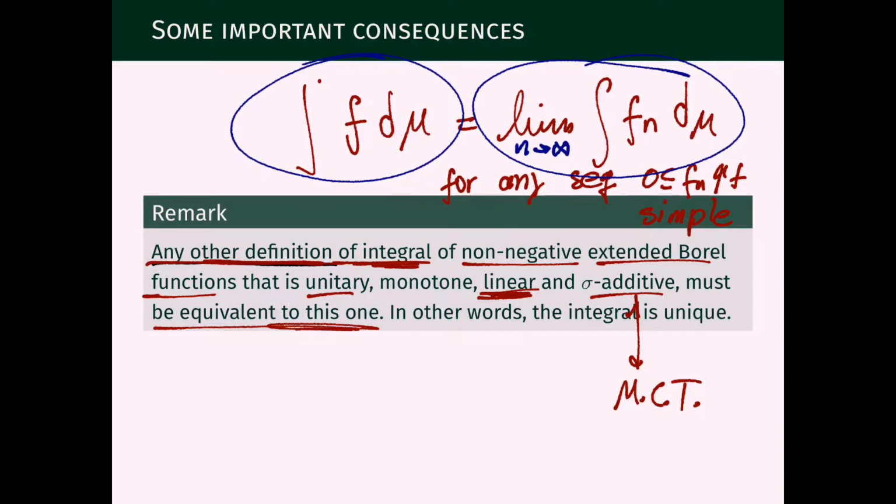So whether it's a definition or a theorem, this identity follows from the assumption that the integral is unitary, linear, and sigma additive. And this concludes this video lecture, which will probably leave you shaking your heads a bit.